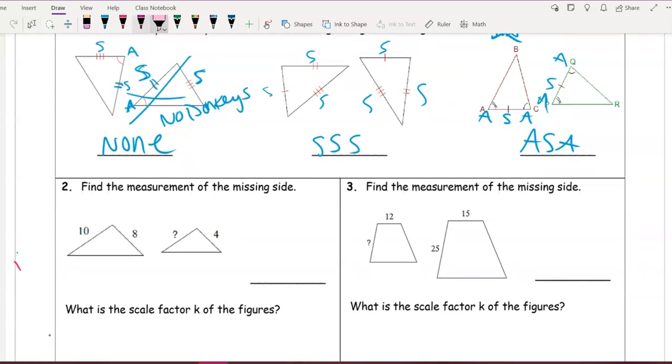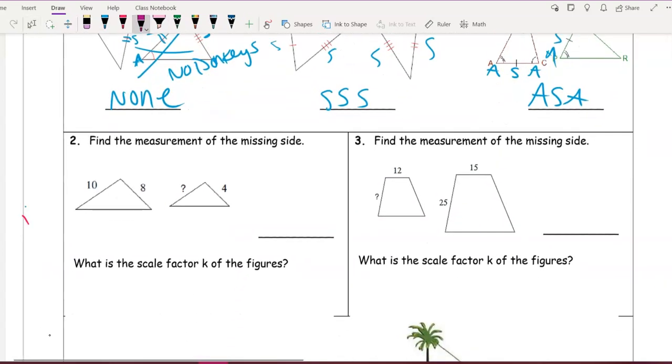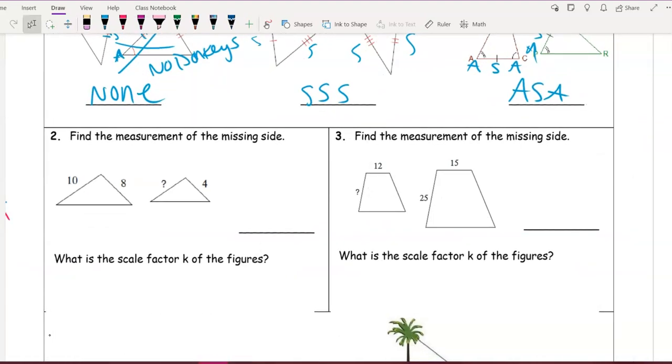All right, moving on to the next one. Find the measurement of the missing side. We need to create a ratio and then use that ratio to find the missing side. On this triangle, we have this side and this side. Let's do the smaller number first.